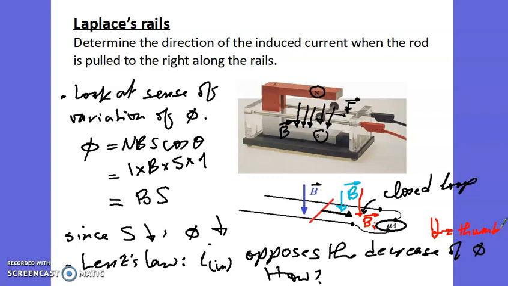Now you turn your other fingers in this way, to have your thumb down. So the sense of the induced current must be in this way. Clear?